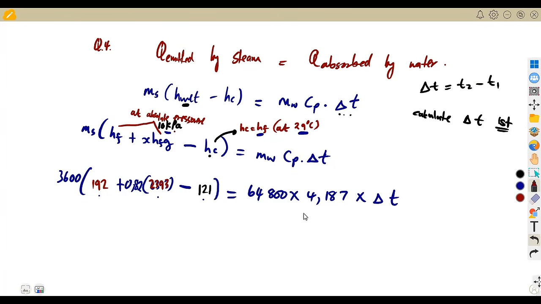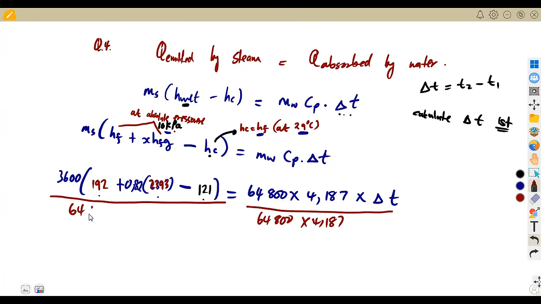How is that direct? Because I'm just going to divide throughout by 64800 times 4,187. I also divide this side by 64800 times 4,187. So this will cancel with this part.